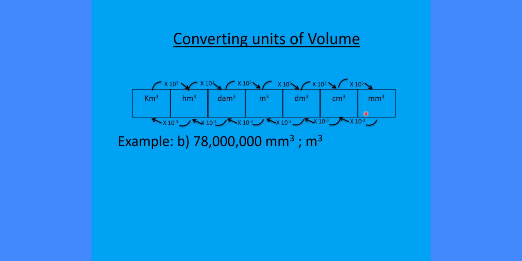Take note, every single switch is 1 over 1000. So if we switch 3 times, we will multiply 1 over 1000 3 times. How many zeros is that? The result is 1 over 1 billion. So there are 9 zeros.